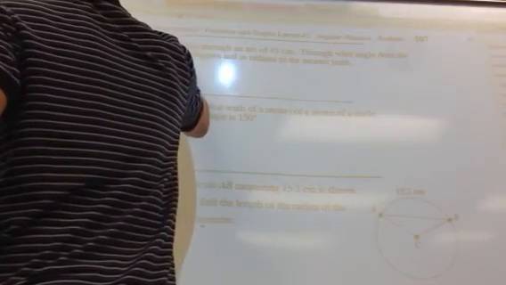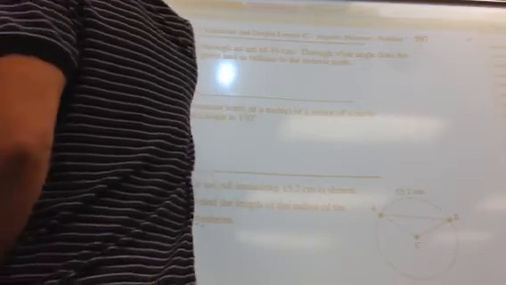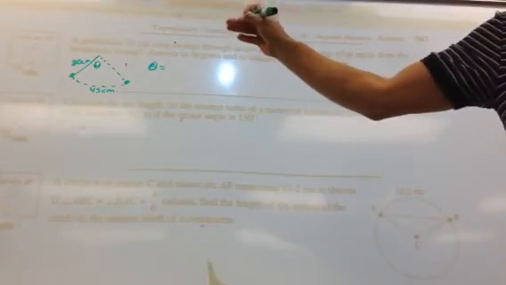So through which angle does the pendulum swing? We want our answer in degrees and in radians. So what's the formula that I'm looking at here? Theta equals arc over radius. Good. And which one's the arc length? 45.